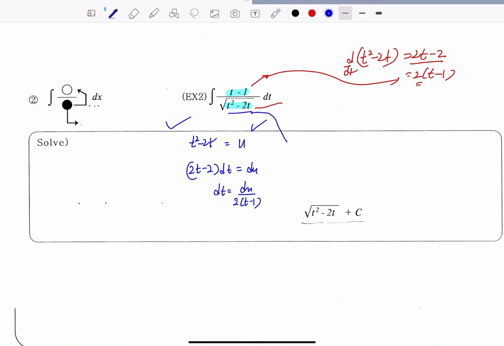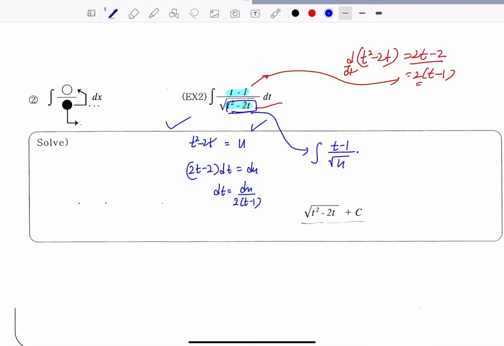And then rewrite the original integration expression in terms of u. You have to change the original one to another expression in terms of u. That's why we are using u substitution. So the numerator t minus 1 is not changed. The denominator, the square root of t squared minus 2t, is replaced by u.